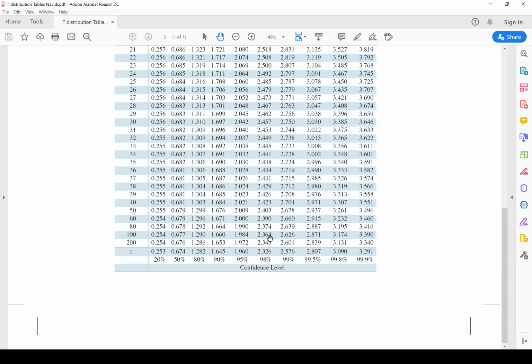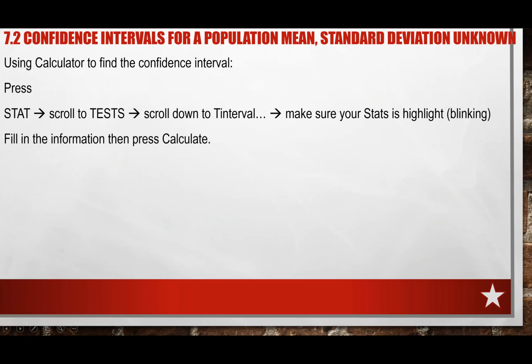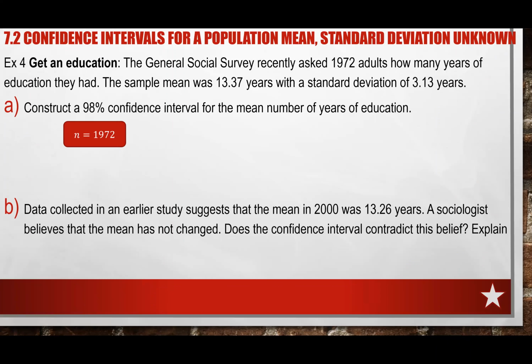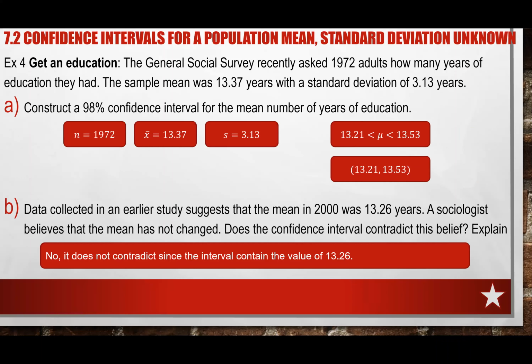Like I mentioned, as the n gets bigger and bigger, the more data that you gather, your data will eventually become normally distributed, a standard normal. That's why I gave you that last problem, to show you that when the n is big, in this case n equals 1972, it doesn't matter if you use a t or a z, the answer will come out the same.